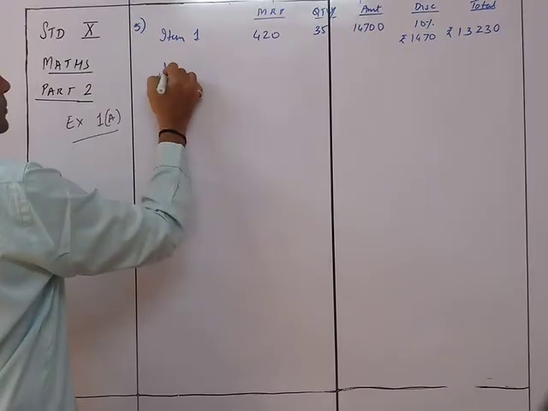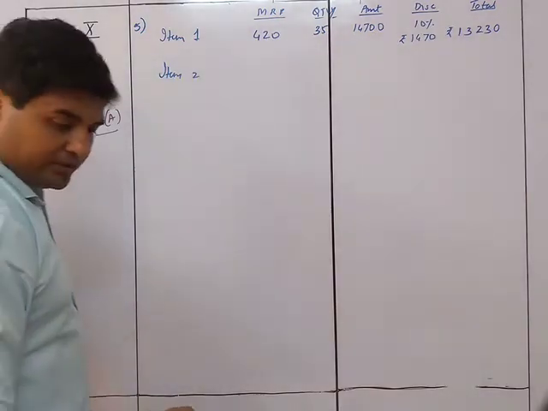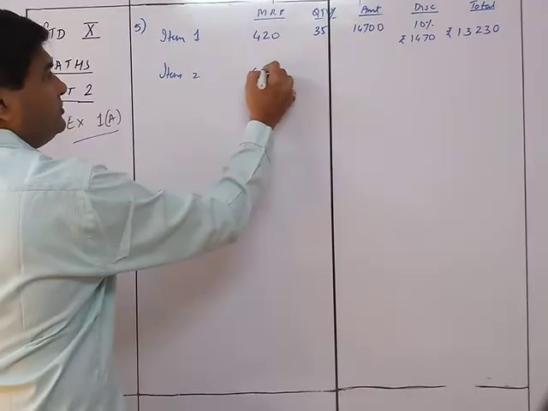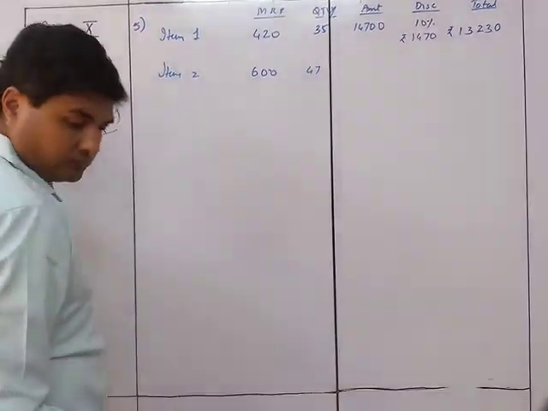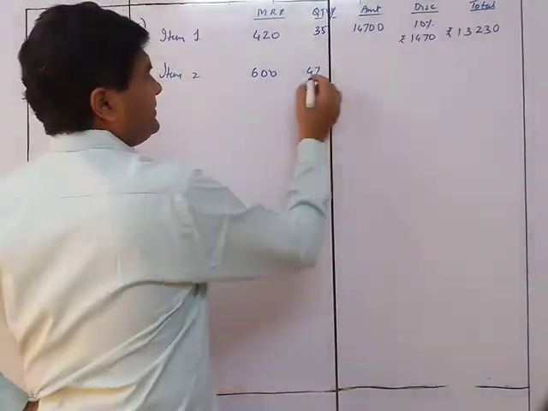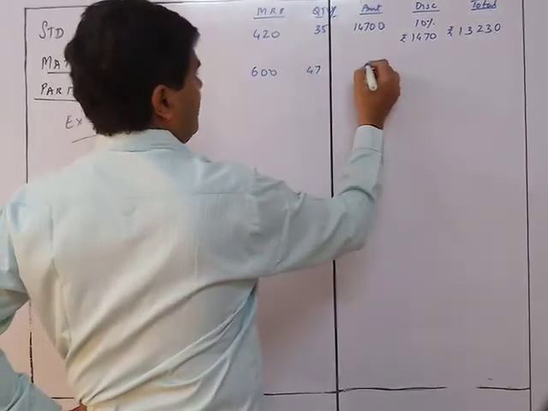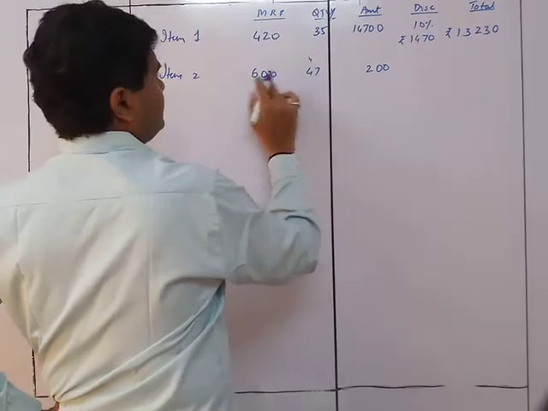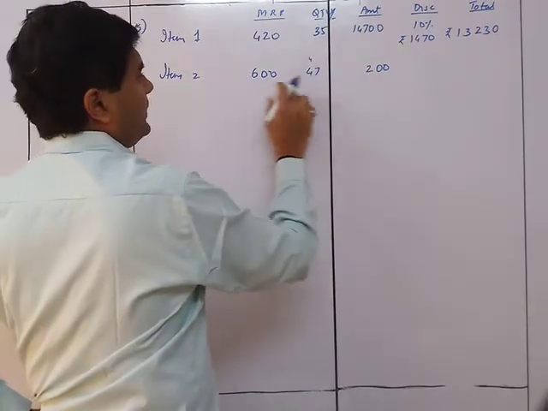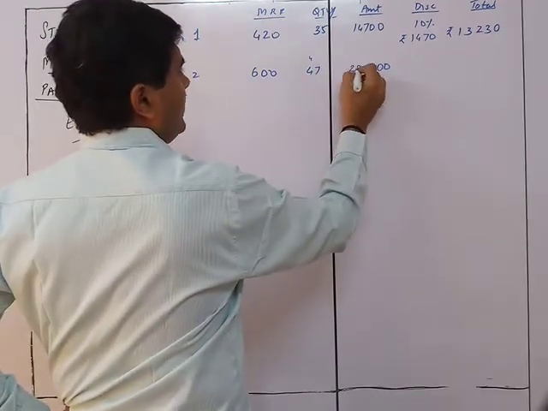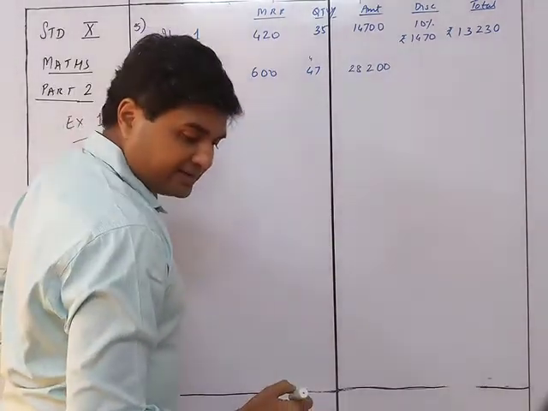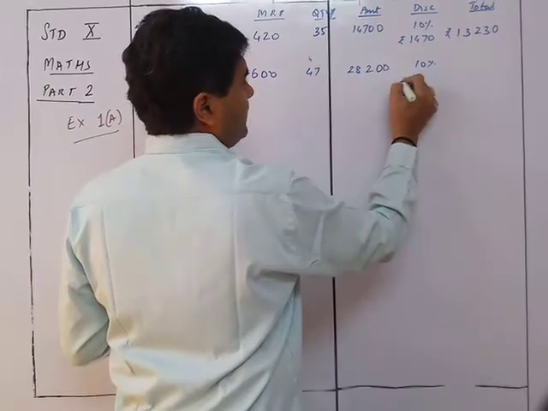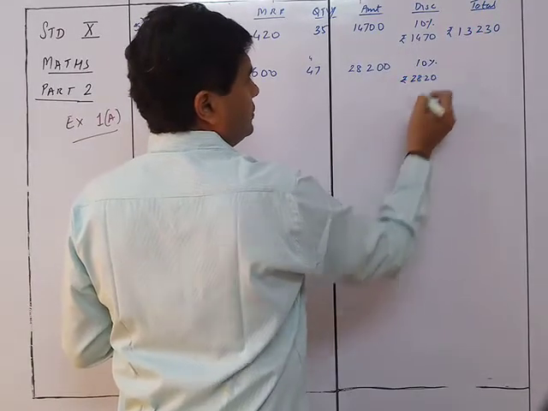Then comes item 2. Item 2 costs rupees 600, and there are 47 such items. That brings us the total as 28200. Again the discount is 10%, so the 10% discount of this is going to be rupees 2820.